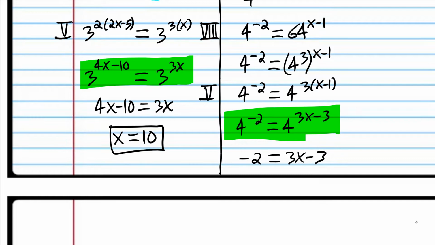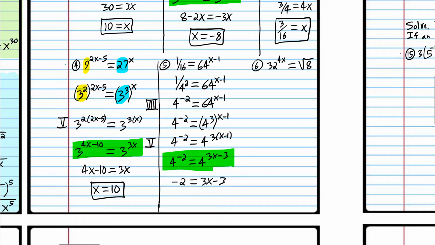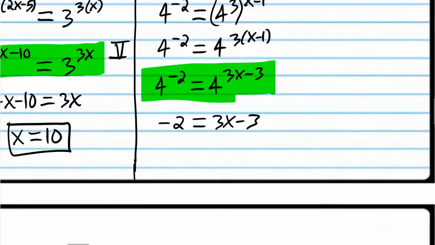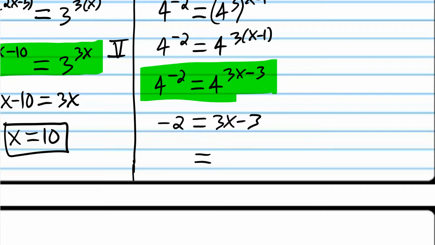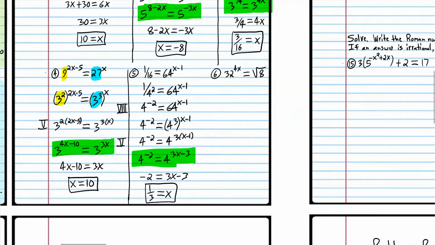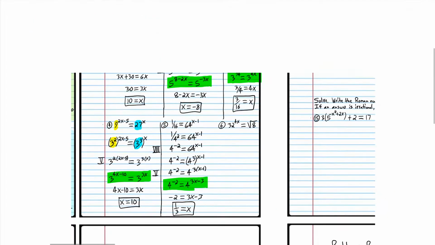Let me find some more room. Okay, so now if we do the math on that, we get x is equal to 1/3. So if you got that answer, good job.